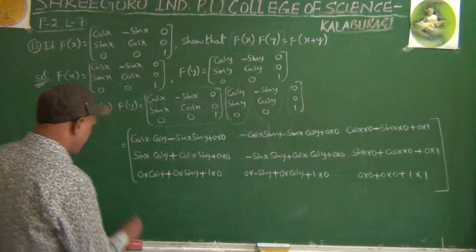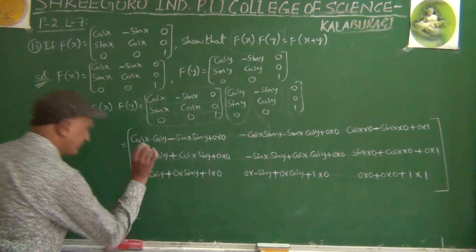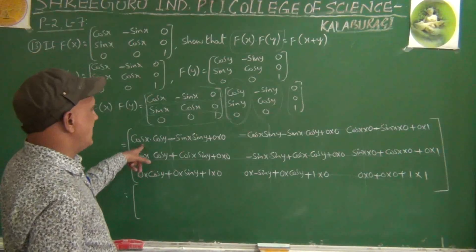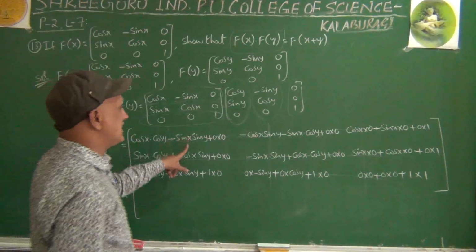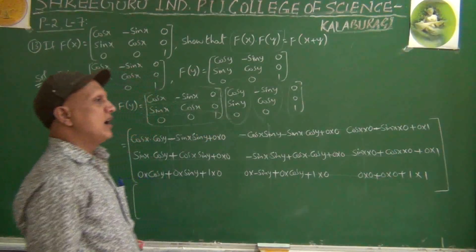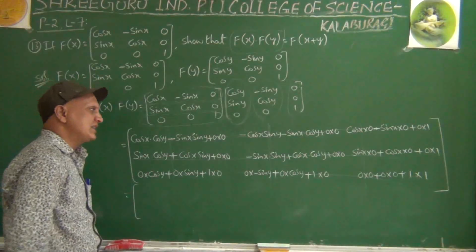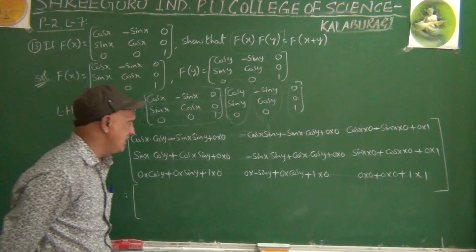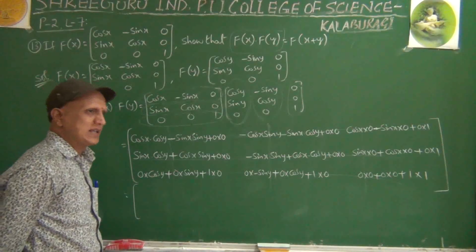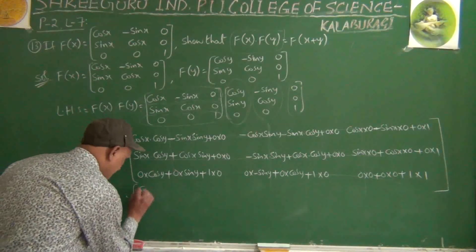Right. Equals to cos x cos y minus sin x sin y. Cos a cos b minus sin a sin b. Cos of a plus b formula.